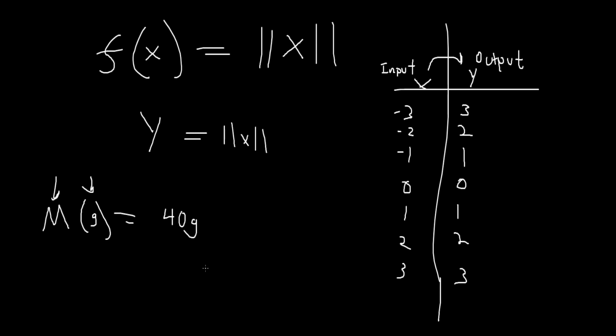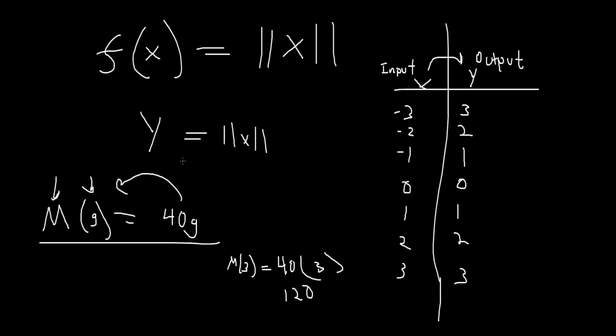So if, for instance, G is 3, then M of 3 would be 40 times 3, which is 120. So you'd be able to go 120 miles before your car runs out of gas, at least theoretically. In that situation, that is useful information that you got because two values were related by a function.